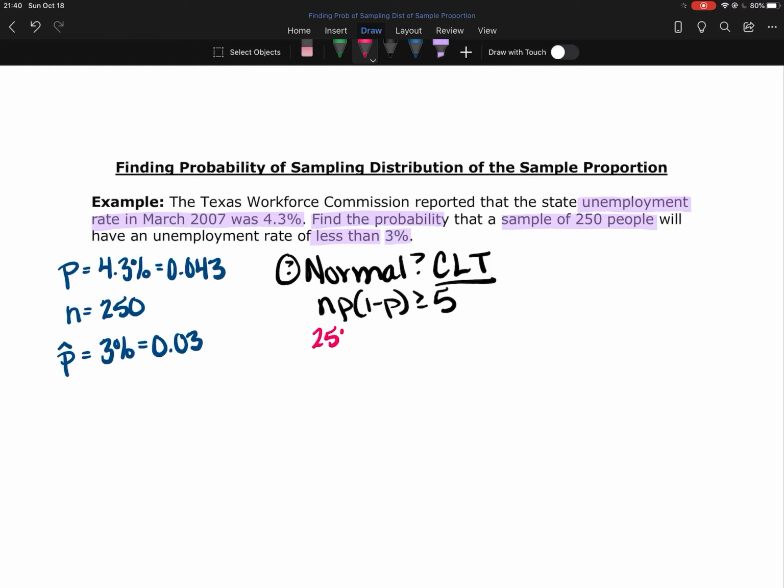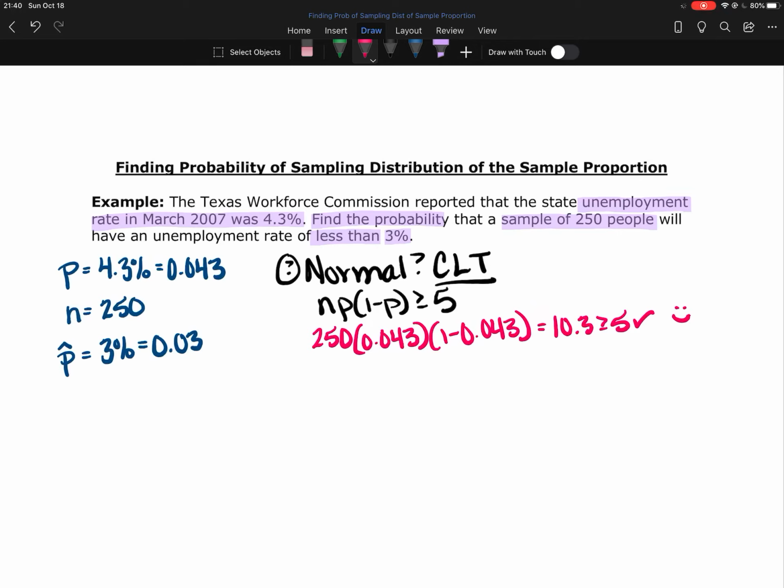So n is 250, p is 0.043, 1 minus p, 1 minus 0.043, 10.3, which is in fact greater than 5. So I have a normal distribution, which makes me happy.